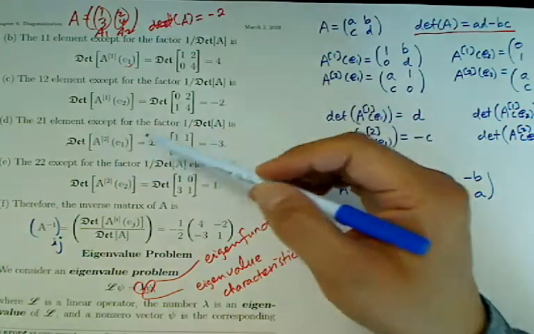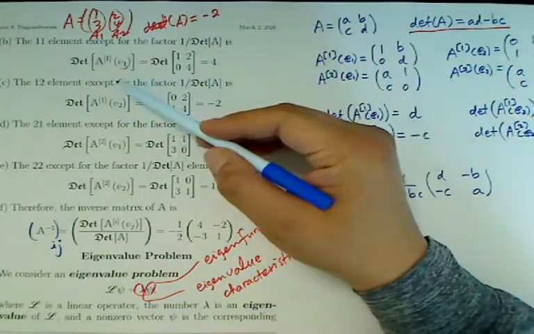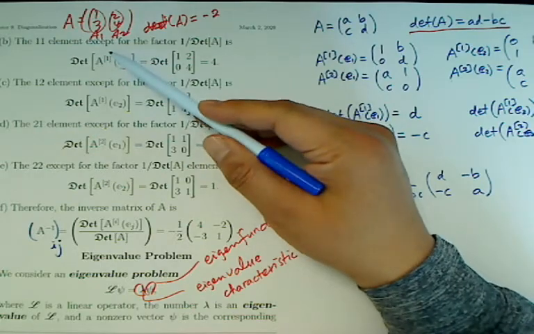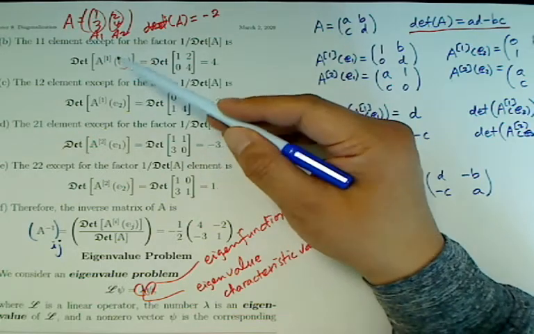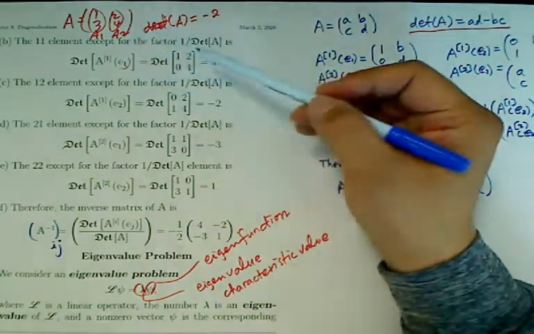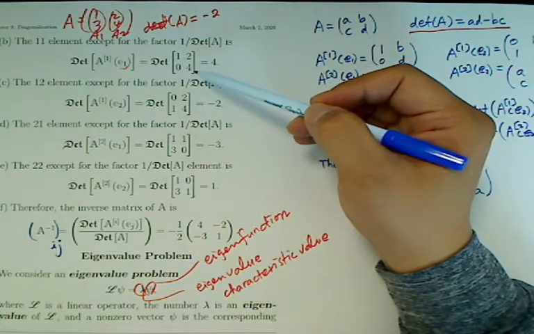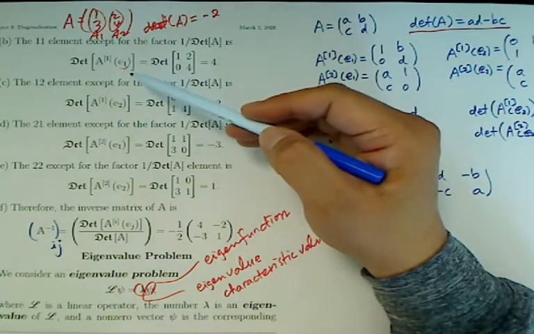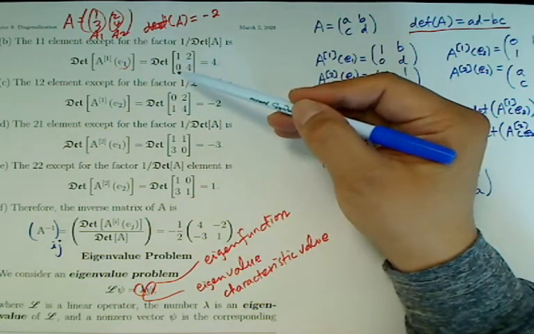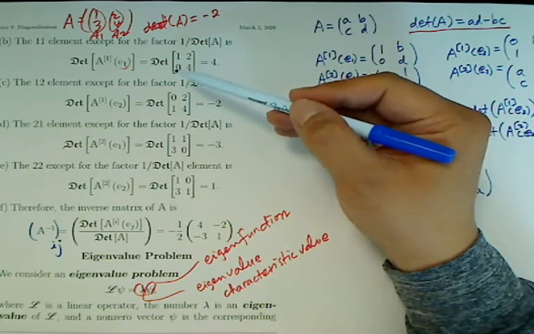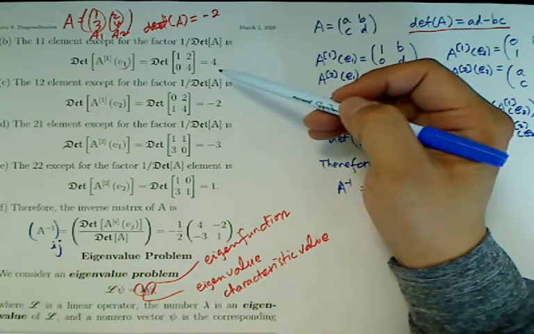Okay, first we find out this one. The first column is replaced with E1. Copy the second column 2 4. First column 1 3 is replaced with E1, that's 1 0. Then the determinant is 1 times 4 minus 0, so 4 is the determinant.